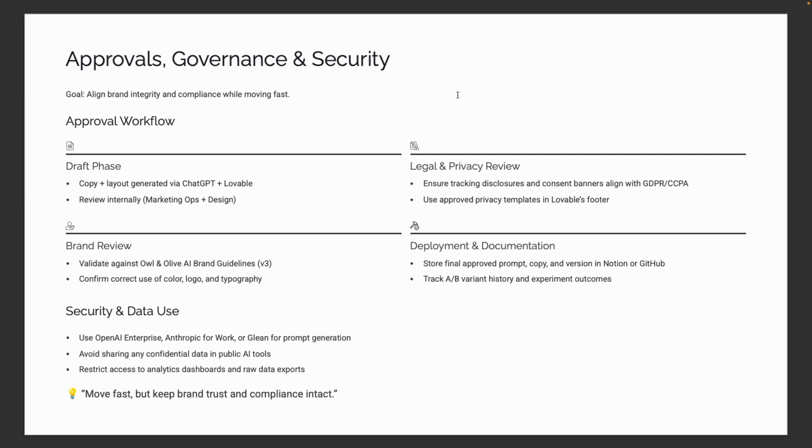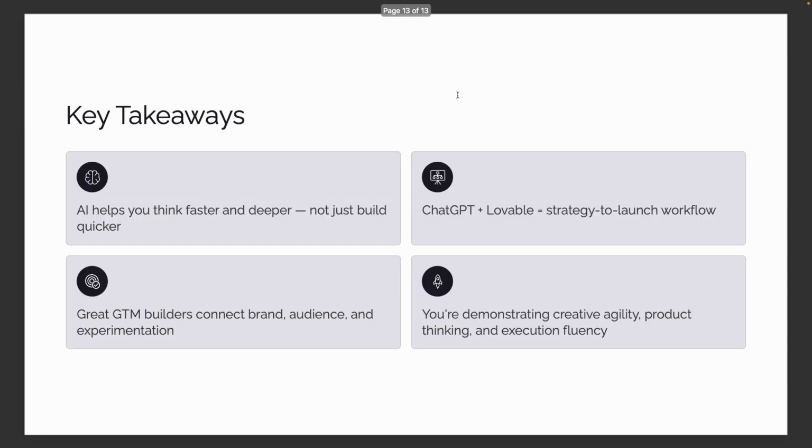Those are going to be safe tools where you can add your company documents like your brand guidelines and your ideal customer profile, and go from there. And so, again, the reminder here is we can move really fast with the help of AI, but we have to make sure we keep brand trust intact, we keep compliance intact, all that good stuff.